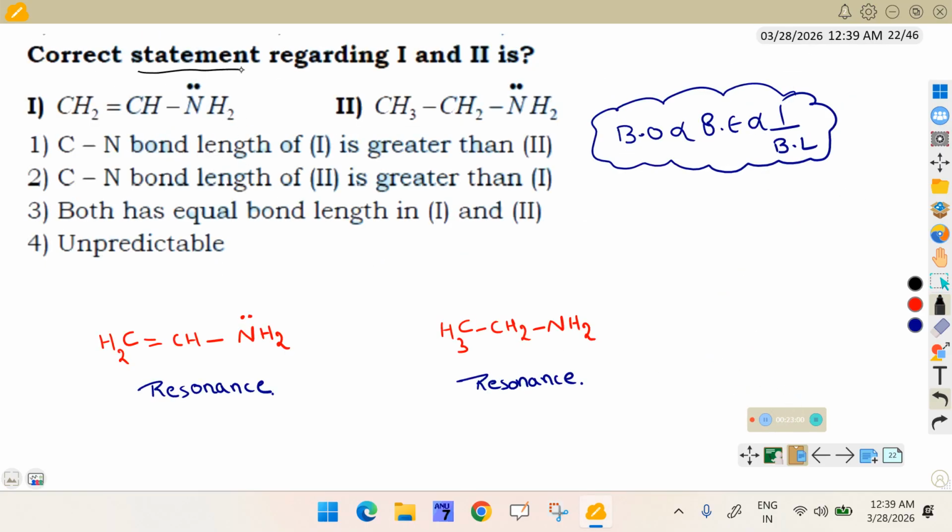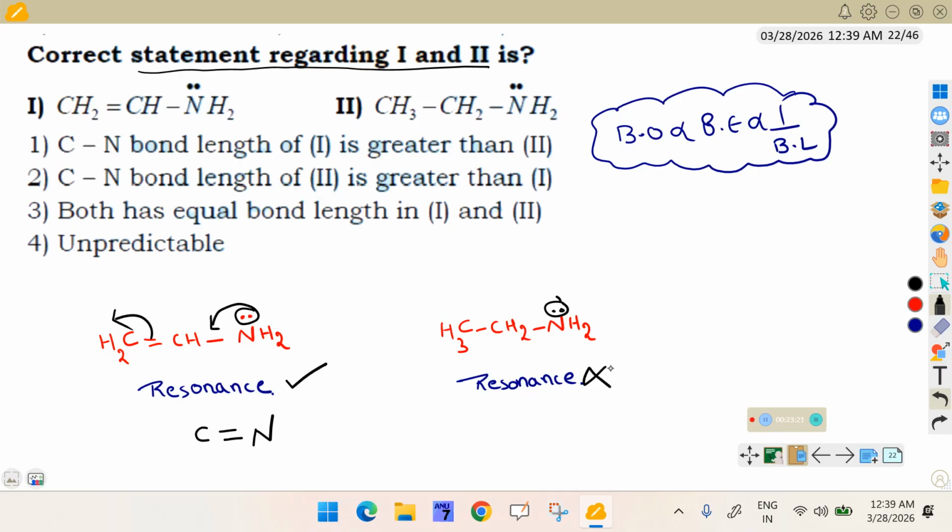The correct statement regarding 1 and 2: take the first structure. In the first structure, resonance is possible. Due to resonance, between carbon and nitrogen a double bond character is formed. In the second structure, is resonance possible?